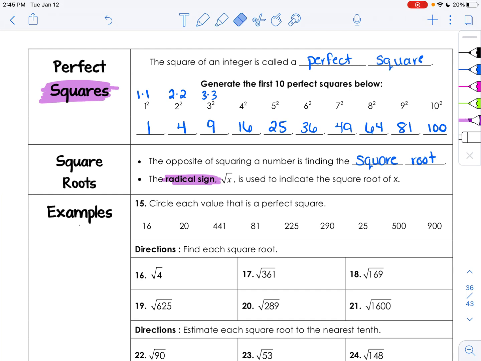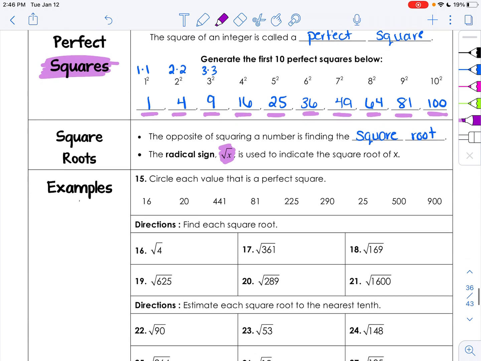And you can see that pictured here. It's used to indicate the square root of x. And that x underneath the square root sign or the radical sign can be any number. Our perfect squares, x would be these specific numbers that we listed. These are our perfect squares. And these are things that we need to have memorized just like your multiplication tables.